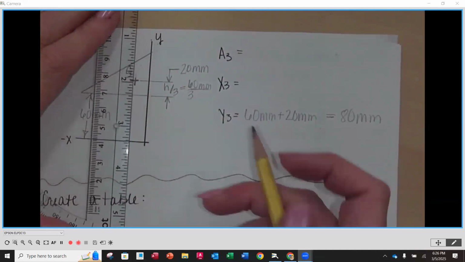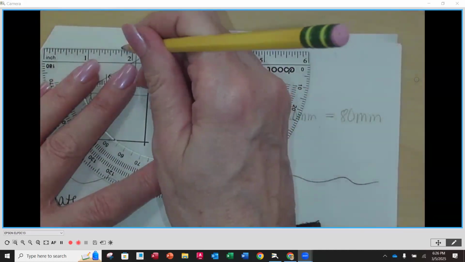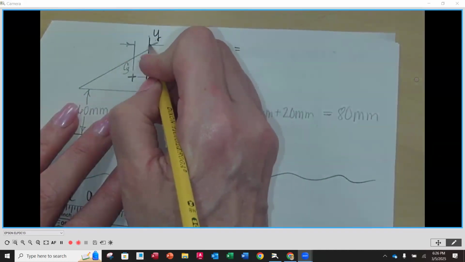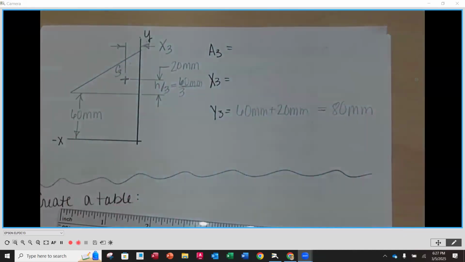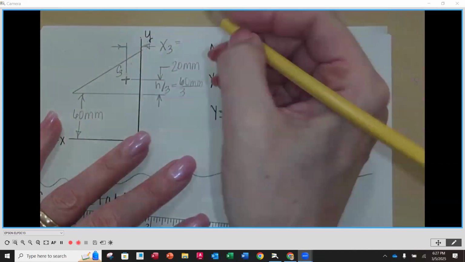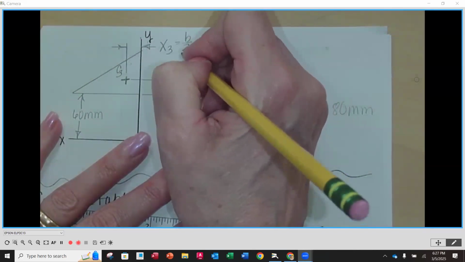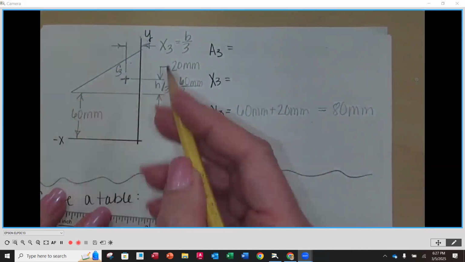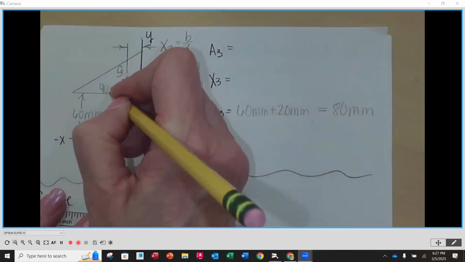X3 is going to be the distance from the y-axis to that centroid. So this is going to be X3. Now X3 is going to be equal to the base divided by 3. We know the base was, I'm going to put it here, 90 millimeters.